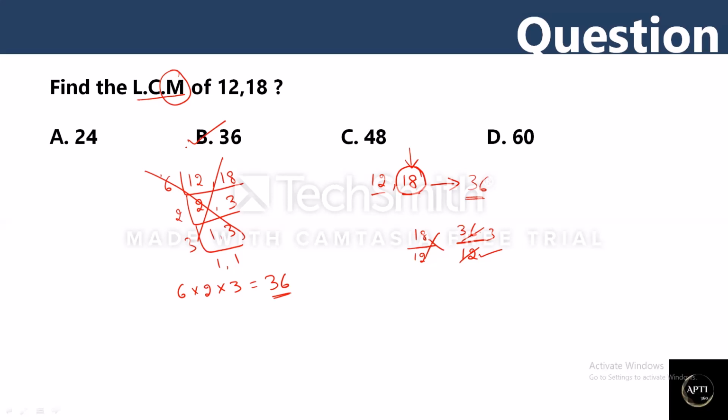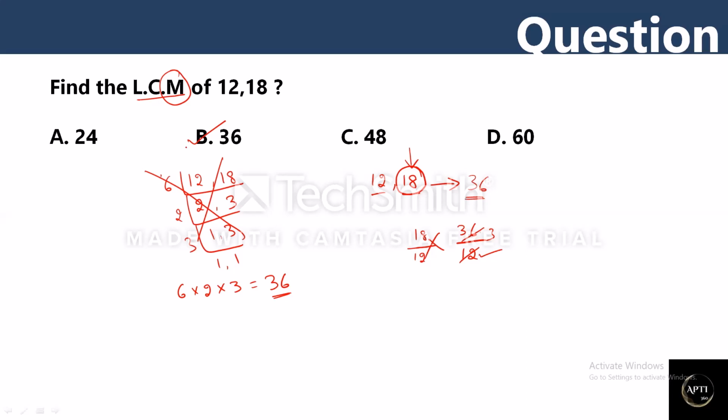If you understand this logic, for further questions as well, even if they give you two numbers or three numbers, the logic is the same. I repeat, you just clearly see the values. Identify the highest number in the given list. Here 18 is the highest number, and our value should be either the highest number or multiples of the highest number.